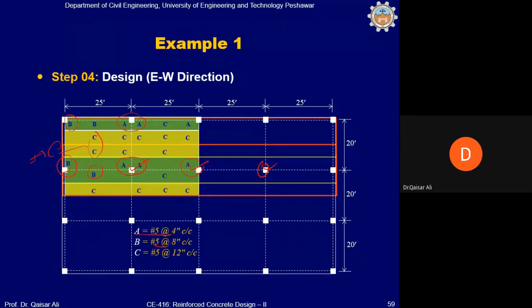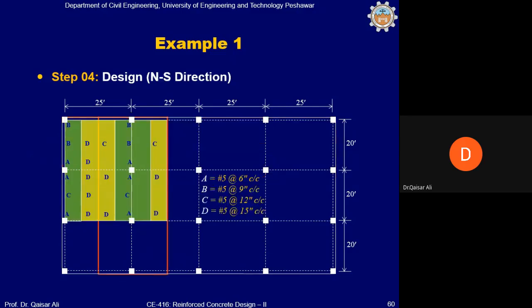Anyhow, too many different spacings is not good for the sake of fabricator facilitation, and also the drawing will become very difficult to be carried out at the site. So with this, we complete our design of flat slab along both the directions.